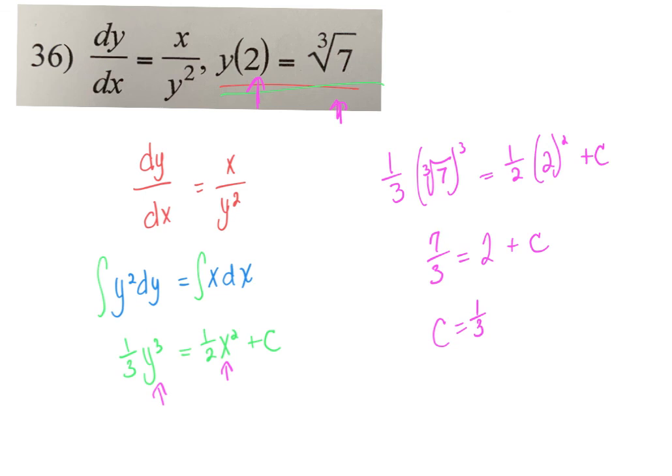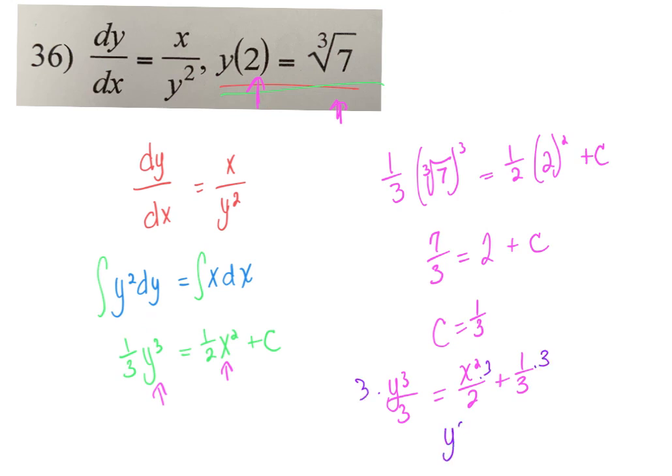So my function is going to look like this. y cubed over 3 equals x squared over 2 plus 1/3. And then I would multiply everything by 3. I'm trying to get y by itself here. So I'm going to multiply everything by 3 to get rid of that 3 over here.